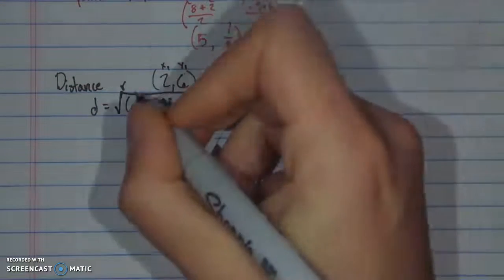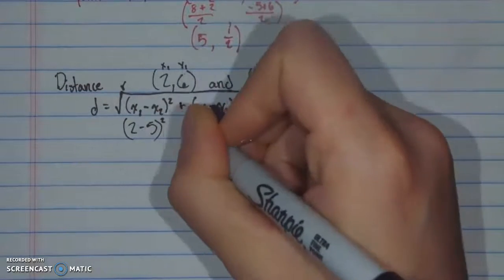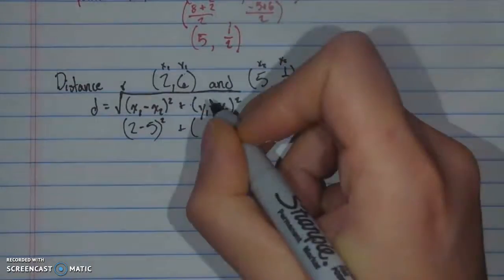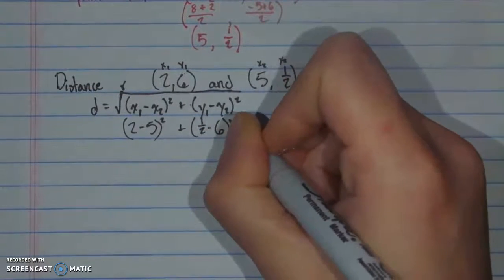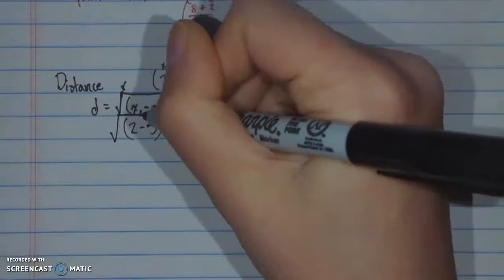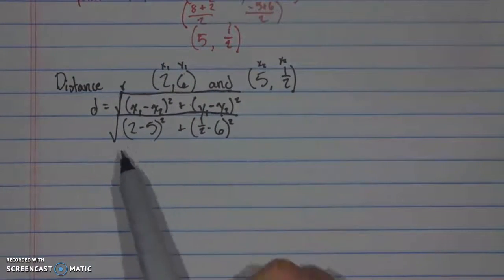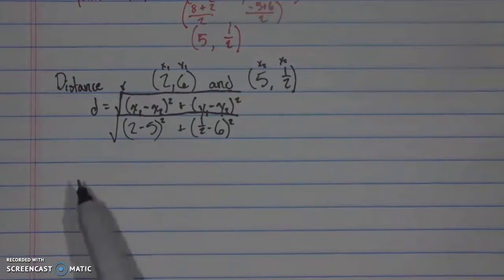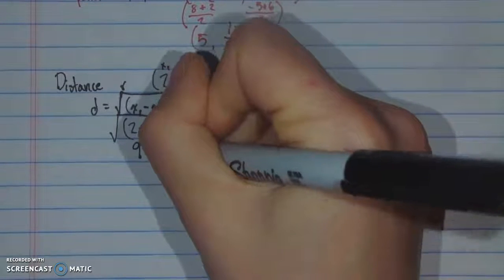So here I'm going to end up with 2 minus 5 quantity squared plus 1/2 minus 6 quantity squared. And of course I'm going to do this whole thing under the square root. Now this is going to give me a -3. And -3 squared is 9.